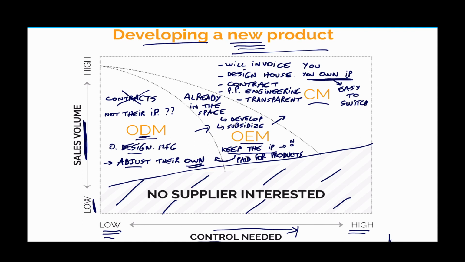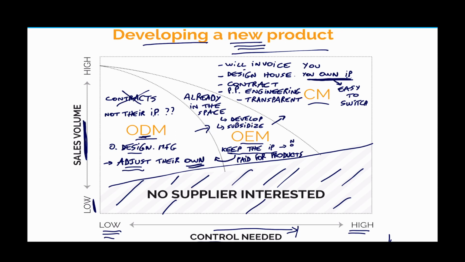Basically, if I summarize, you have three options. There's this area here that you really cannot go if sales volumes are too low. Otherwise, you have three options. You can have a company adjust their own design, but then you are more of a distributor.